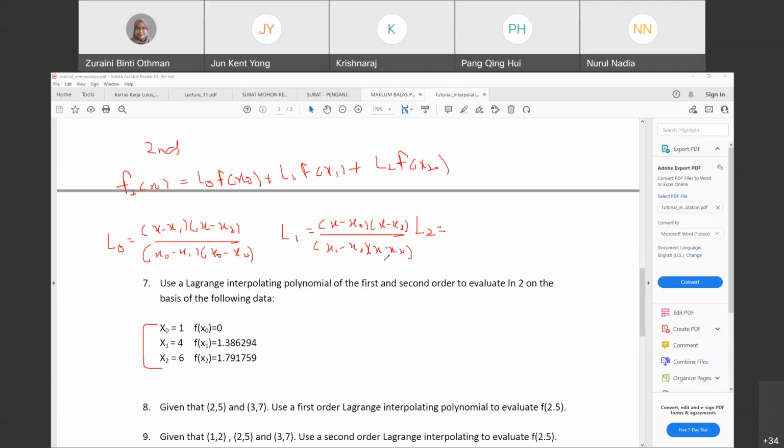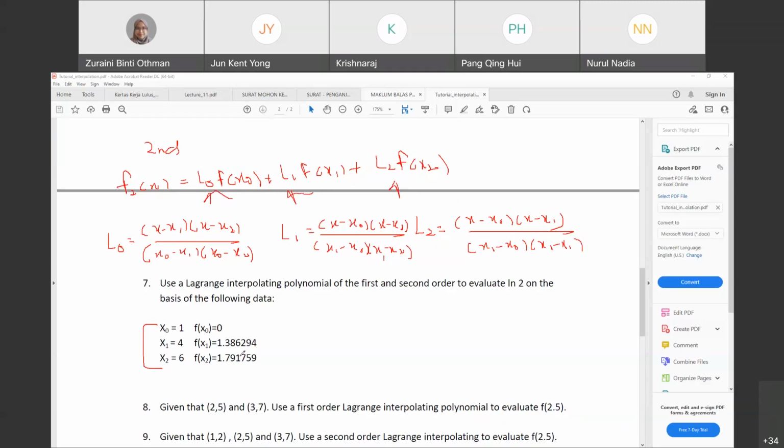Similar to L2. Okay, L2 kat sini ialah X tolak X0, X tolak X1. And yang bawah ni ialah X1 tolak X0. Yang ni ialah X1 tolak X1. Okay, so boleh cari untuk L0, L1 and L2.